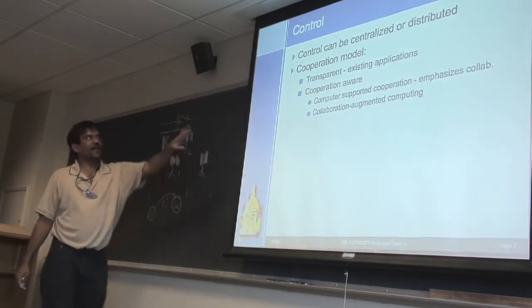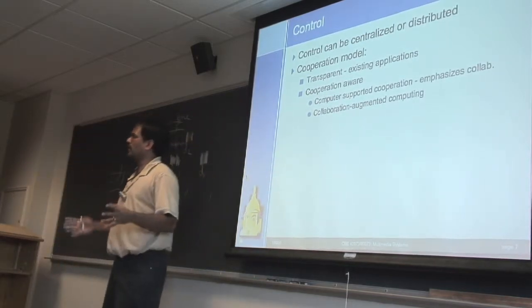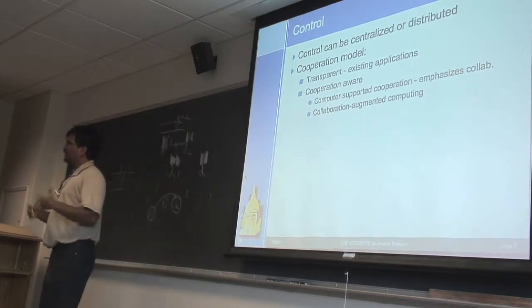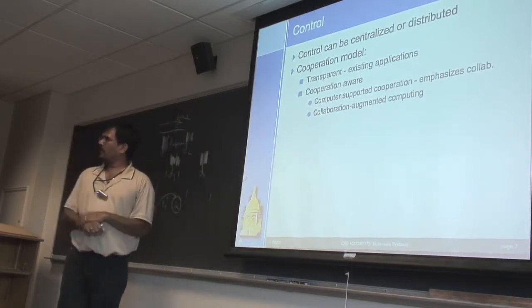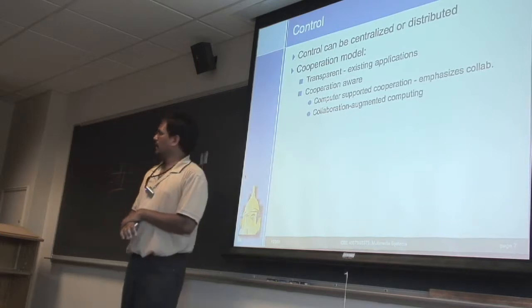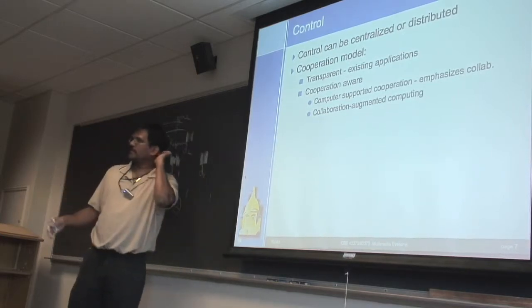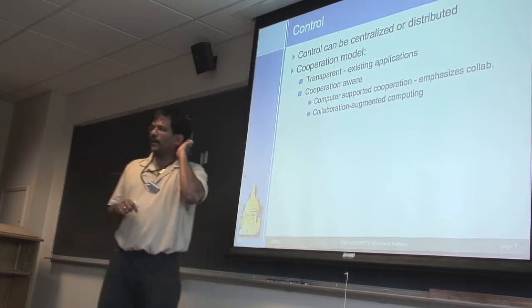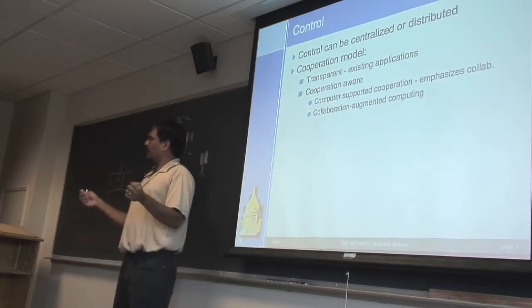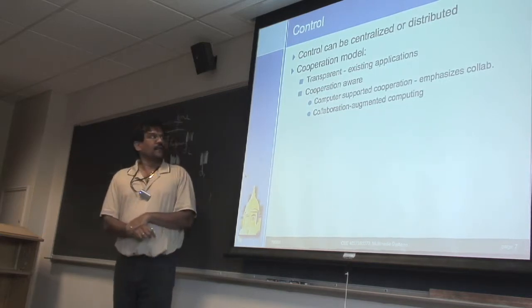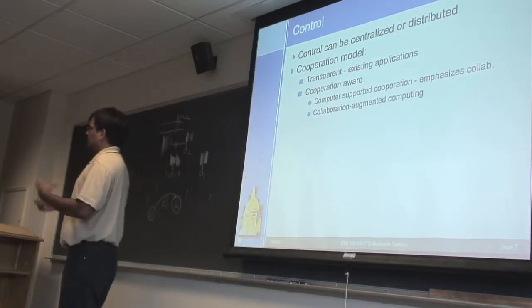So the cooperation model in terms of what we want to do, the book separates it out into the transparent model and where you're aware of what happens. In the transparent model, you have no idea that there's collaboration happening, right? So you can take your existing system, like your PowerPoint, and somehow make it collaboration oriented, where people can make changes at the same document at the same time.